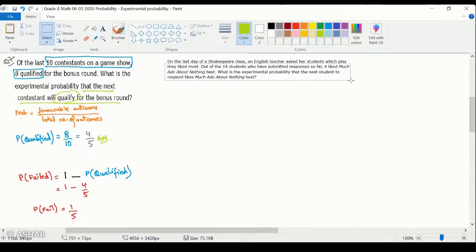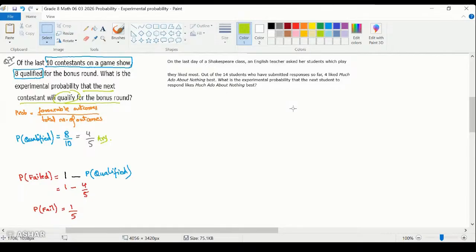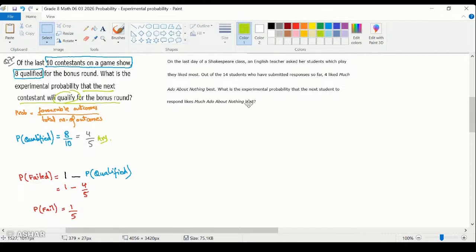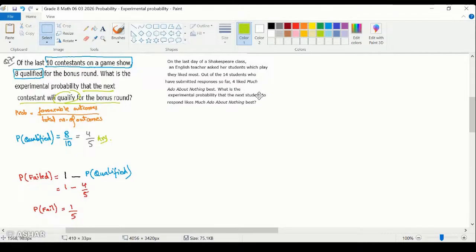I'll just realign this and resize so that we can read it. What is the experimental probability? Question number 8 says this information.